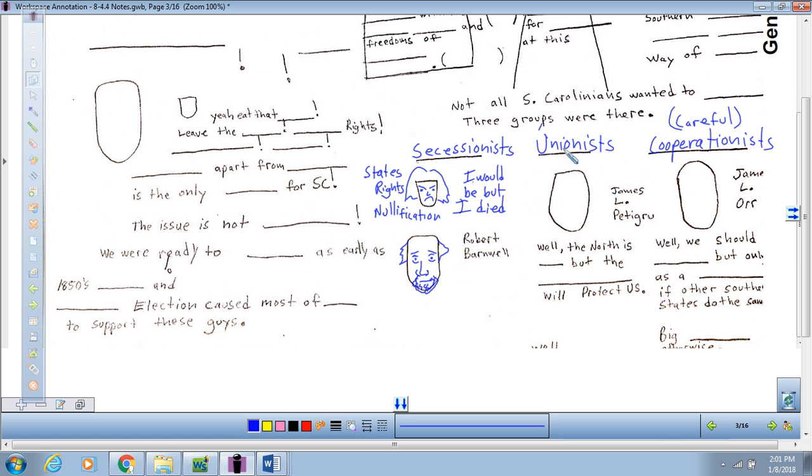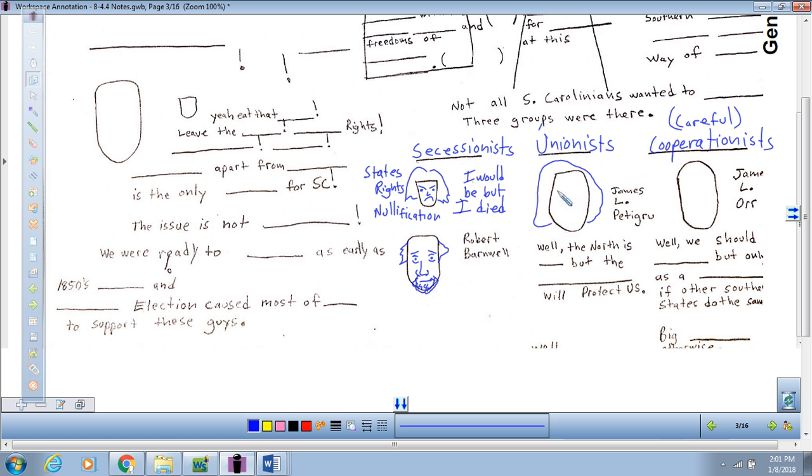The Unionists, which my depiction of this guy tends to make him look like someone we know. I'll tell you who in a minute.